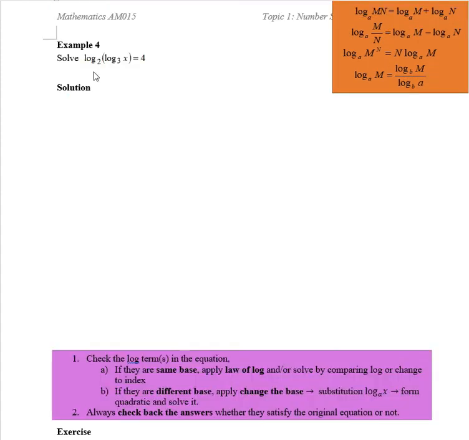So for this last example, we have two logs, but the function here, this is not multiplication. The parentheses or this bracket does not mean multiplication. It means all of this is the function of log base 2. So it's like log base 2 a, where this a is log base 3 x.